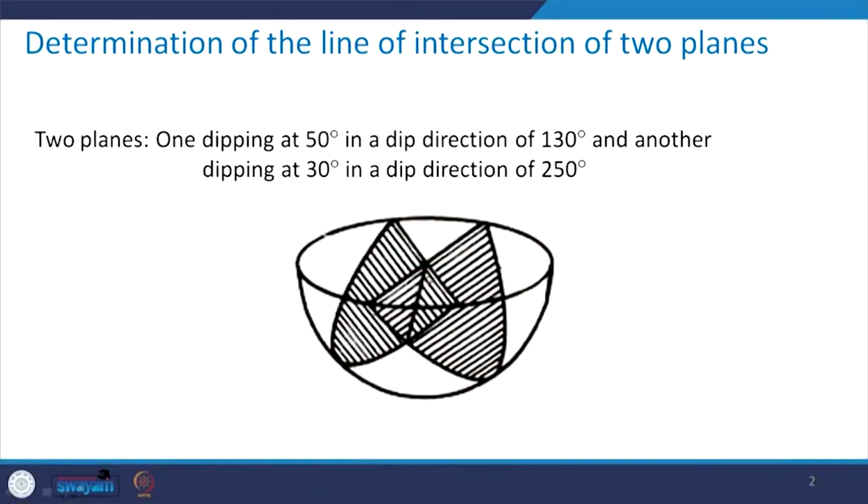So you see that when you have two planes, here in this case those two planes have been shown by these hashed portions. This is the first plane and this is your second plane, and we already know how they can be represented if they have to intersect the sphere.